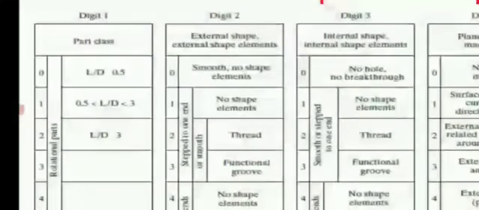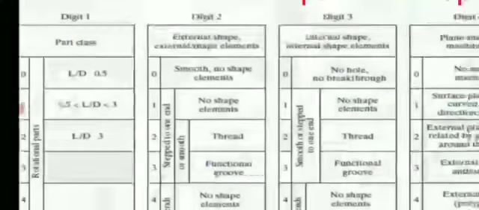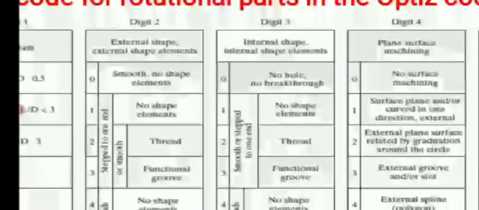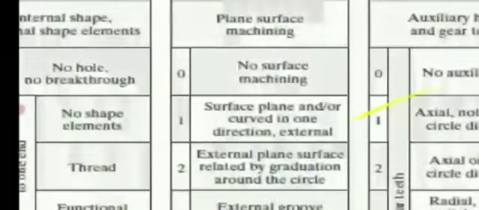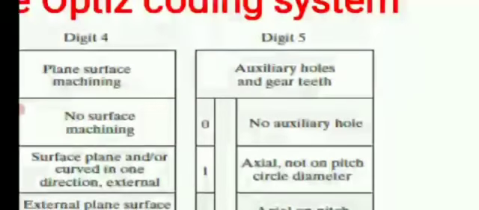The first column represents the part class. The second column, digit 2, represents the external shape. The third digit is internal shape. The fourth digit is plane surface machining. The fifth digit represents auxiliary holes and gear teeth.